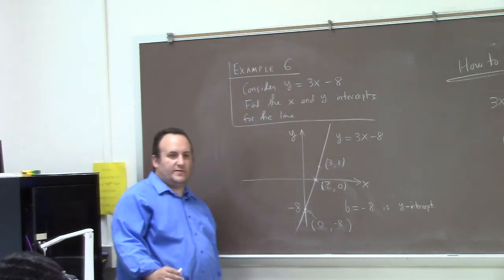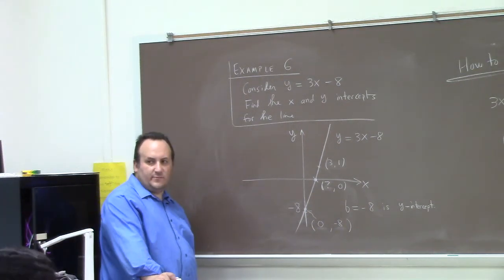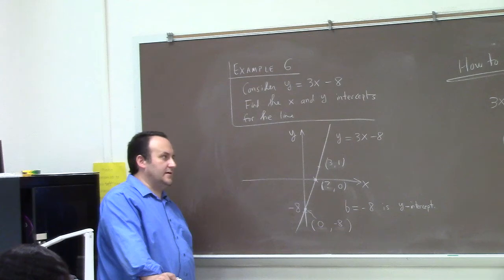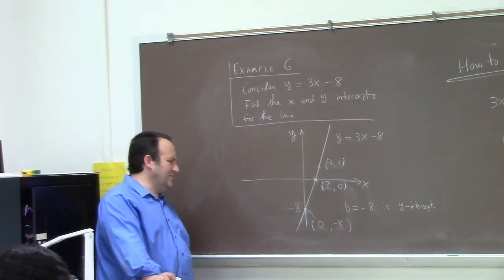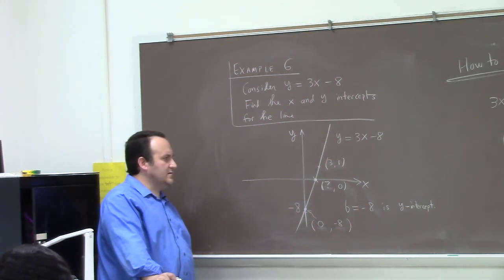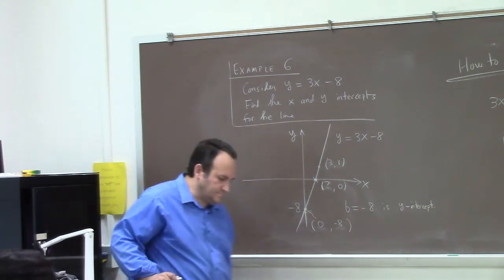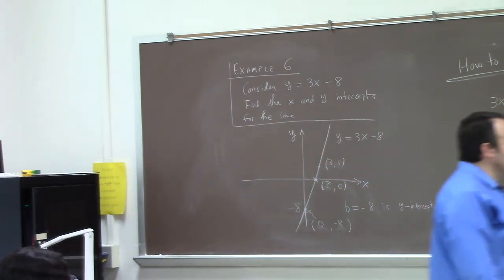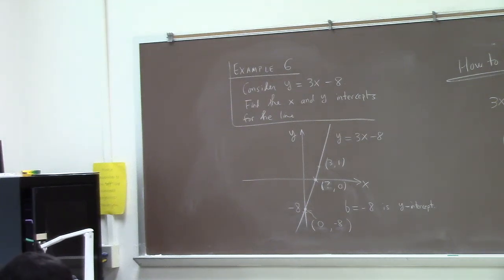There is a formula for the line in terms of the x and the y-intercepts. I don't remember that one right offhand. I can derive it. So I'm going to misbehave.